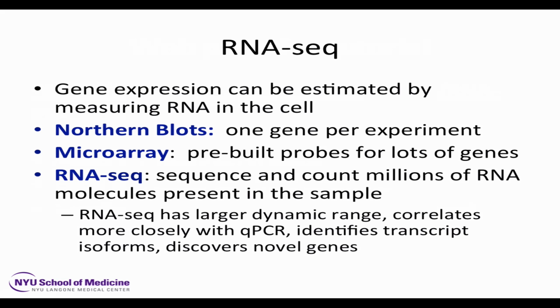It correlates more closely with qPCR, which is considered the gold standard for measuring expression. But unlike qPCR, it measures all the genes at once, rather than measuring them one at a time. It also has additional information that's not easily detected with an array, such as measuring transcript isoforms, discovery of novel genes, and gene allele-specific expression.